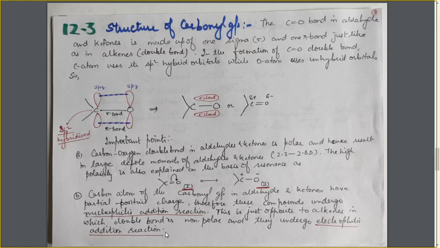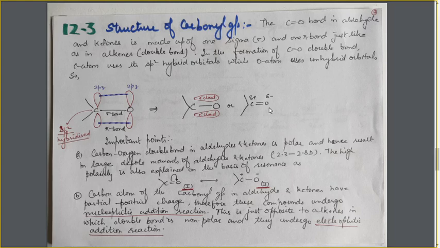Now let's see what this is. Here it is written. Now these carbonyl compounds, that is aldehydes and ketones, have this double bond, and due to the presence of the double bond there is unsaturation, and an unsaturated compound will always show addition reaction because of this double bond.